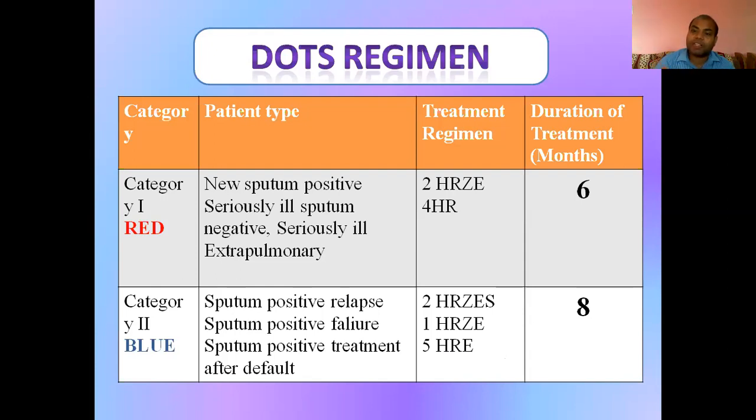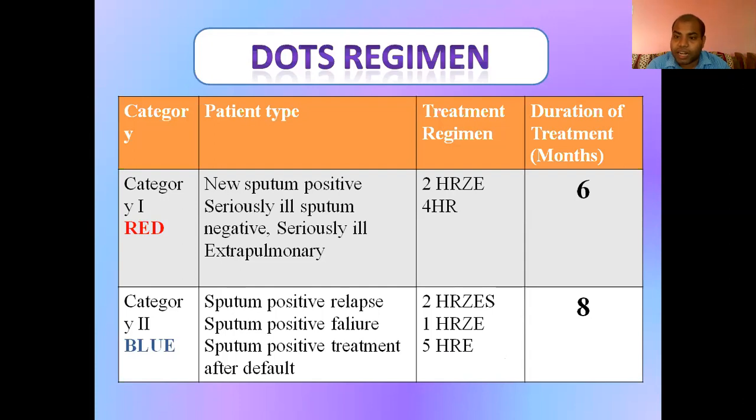So this is the 6 month and 8 month course, and DOTS was first used in 1994, and now DOTS plus therapy has been used, which is a much more complicated drug regimen along with specific timing that was newly amended in 2010 by the Ministry of Health and Family Welfare of the Indian government.